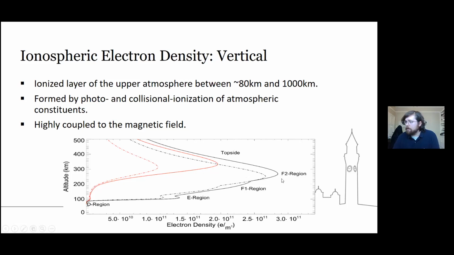Above that, you have the F2 peak that has a peak density, we call it NmF2, and a peak height we call HmF2. And this layer is predominantly made up of atomic oxygen ions. Above that, we have an exponential decay that eventually transitions to a hydrogen and helium ion-dominated plasma.